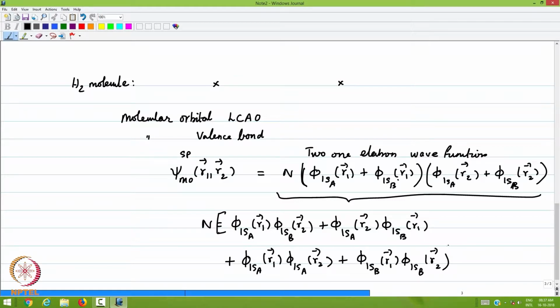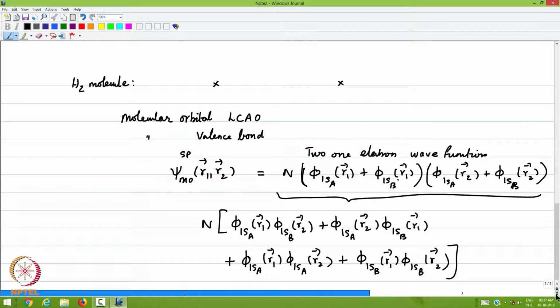If you look at it carefully, all of them are weighted with the same probability, with a common normalization constant.